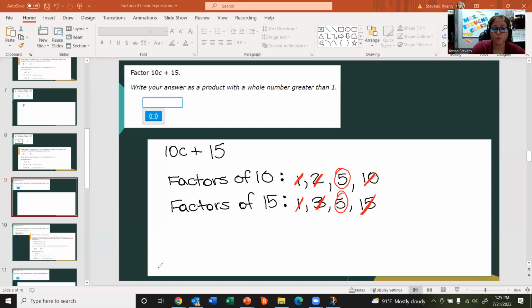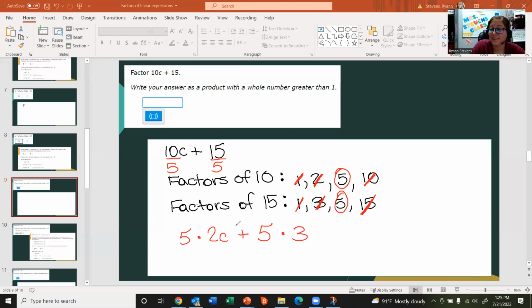So if we want to factor this out, we're going to divide both of these numbers by 5. 10 divided by 5 is 2. You can write it this way as well, to write everything out: 5 times 2c plus 5 times 3, since 15 divided by 5 is 3.